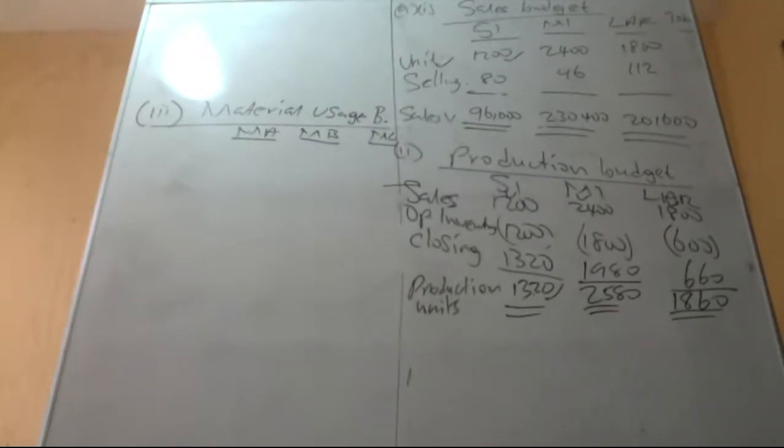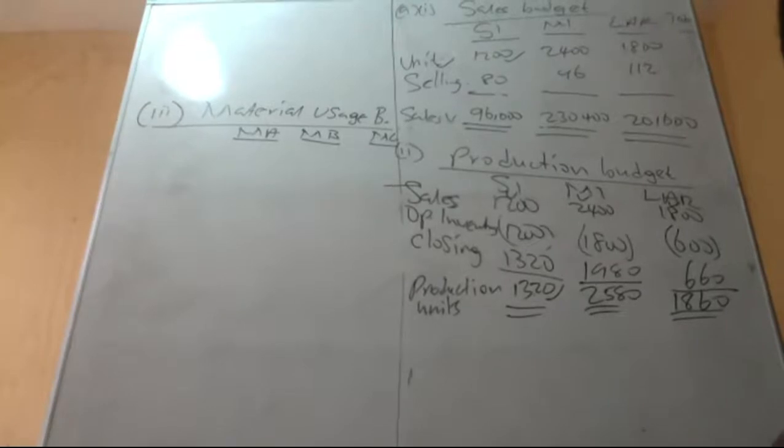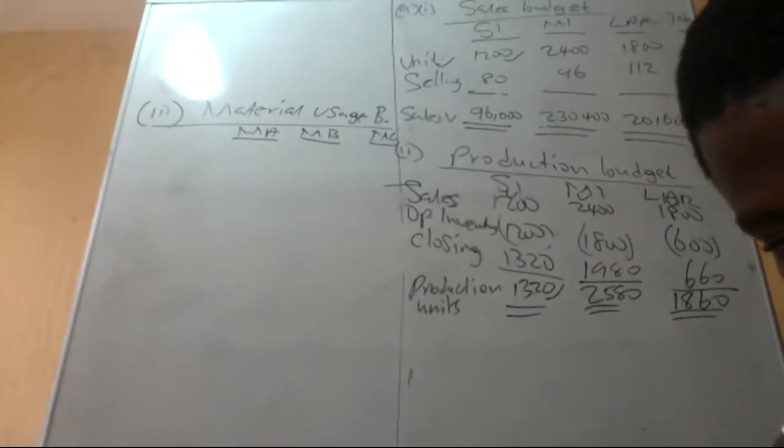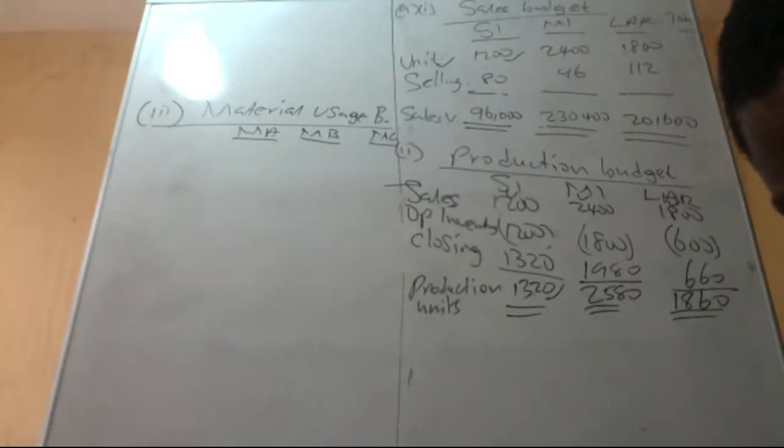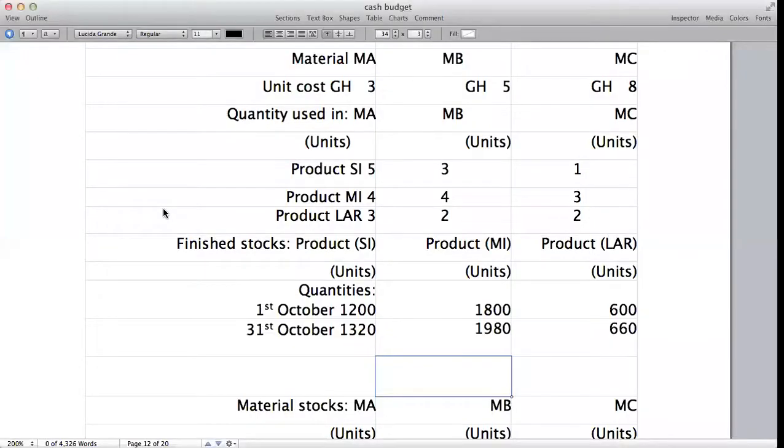So they will give it to us. You can see quantity used in MA, MB, MC.